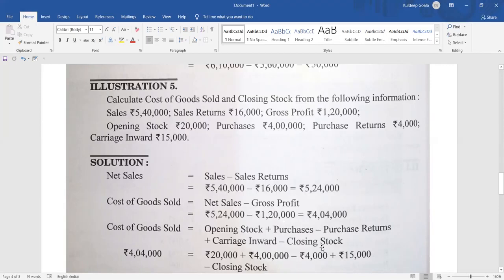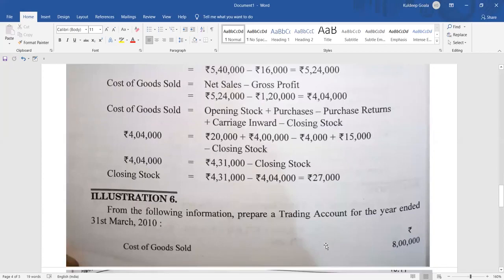Purchases are 4 lakh, minus purchase return, because this is not net purchase, so we have to deduct 4,000 to get the net purchase. Plus direct expenses of 15,000, and minus the closing stock. Closing stock is not known, so keep it as it is. Cost of goods sold we have already got, 4,04,000.